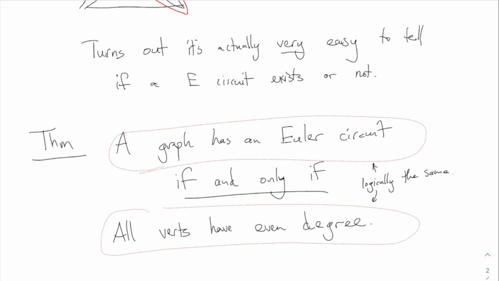The concept of whether a graph has an Euler circuit or not is not at all easy to tell. It's not obvious when you're looking at a graph. But if you know this fact, it is very easy to tell if all vertices have even degree or not. I hope you remember the degree is just the number of edges that touch each vertex. And you can easily just look and see if they're all even or not.